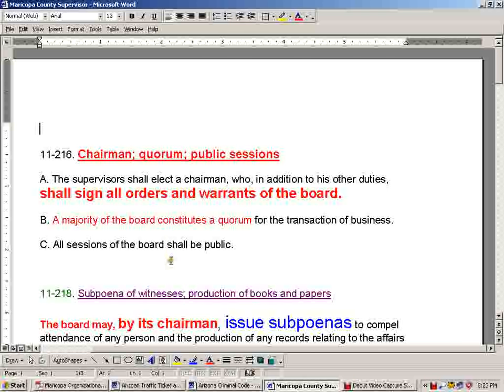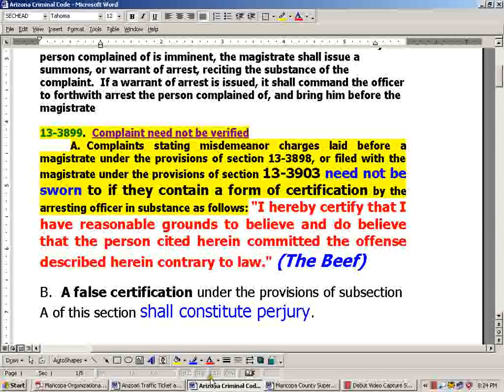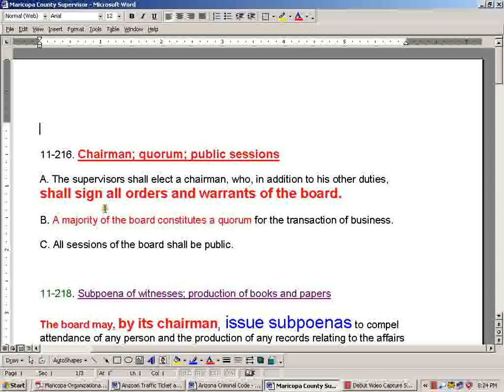That's the reason that chairman, this brother right here, Andrew Kunazik, is so powerful. Because the chairman, the supervisor shall elect a chairman who, in addition to his other duties, shall sign all orders and warrants of the board.